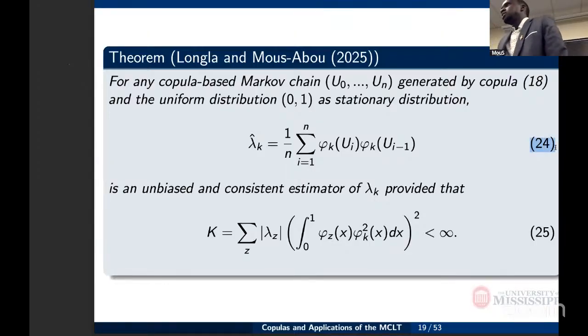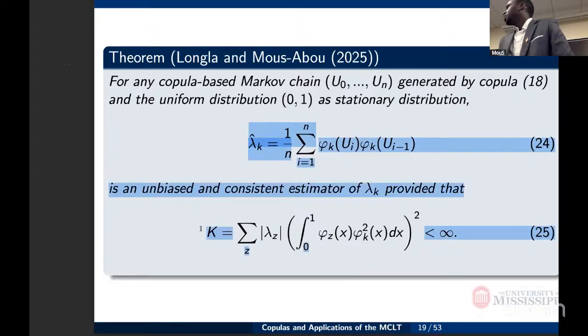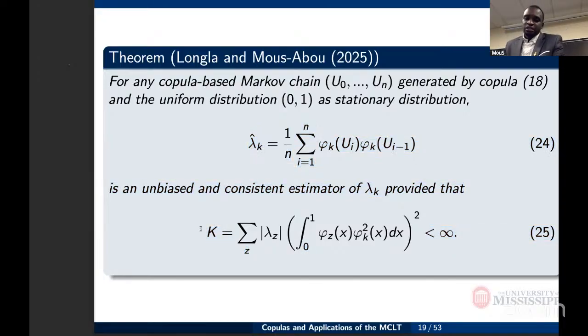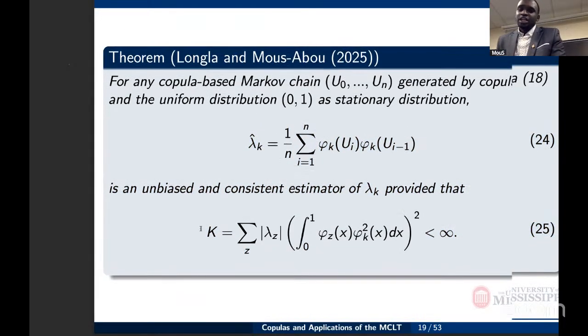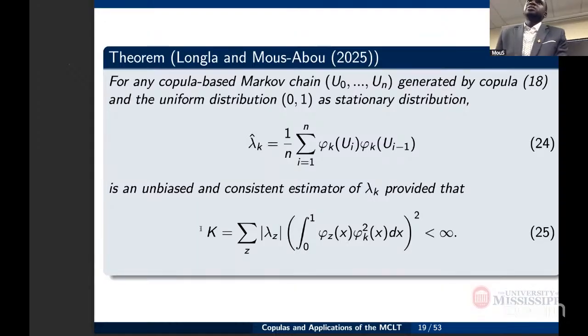And we established that it's unbiased and consistent as long as k is finite. If k is finite here, then we have unbiasedness and consistency, which are two important properties that any estimator should satisfy. And after that, naturally, we will need to determine the distribution. If you have an estimate, the next step is to find the distribution of this estimate so that we can make inference on that.